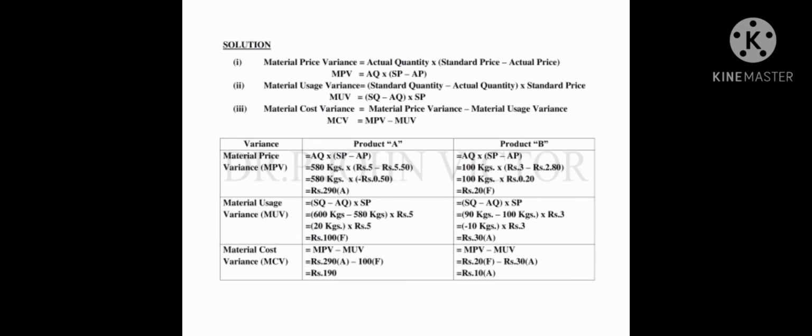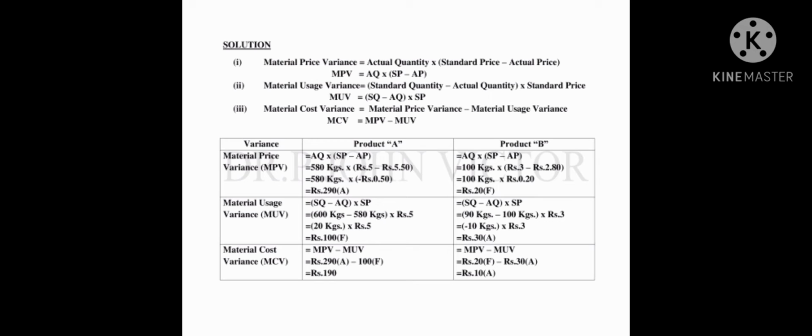Now the 580 is as it is, there is no change, but standard price minus actual price is to be deducted. So that means 5 minus 5.50, the minus value is higher, but we should not use the minus symbol anywhere. We calculate 580 into 0.50, the value is rupees 290.